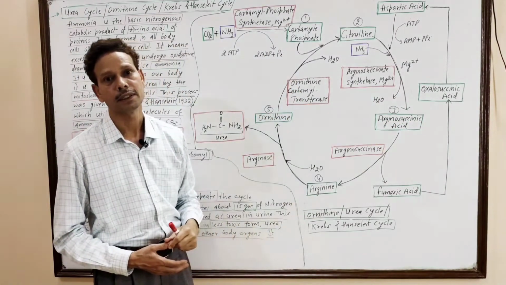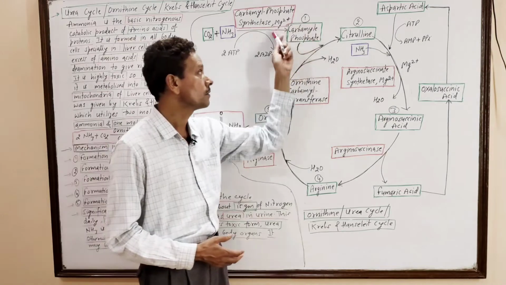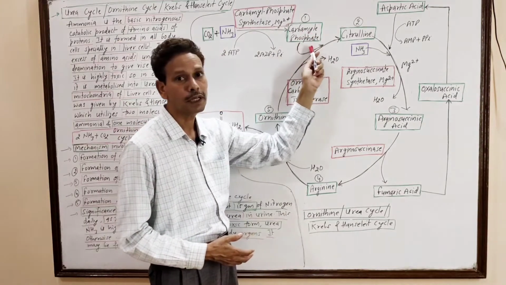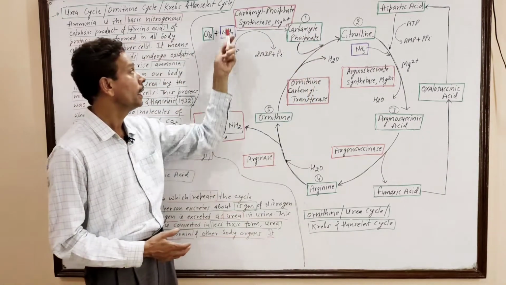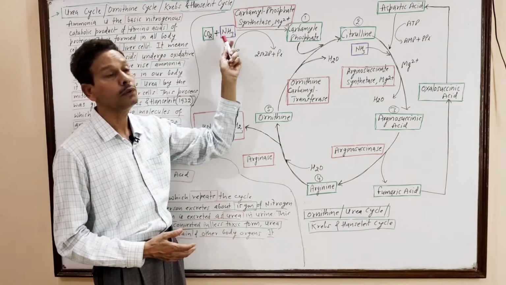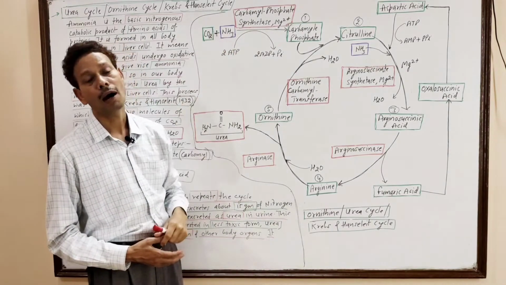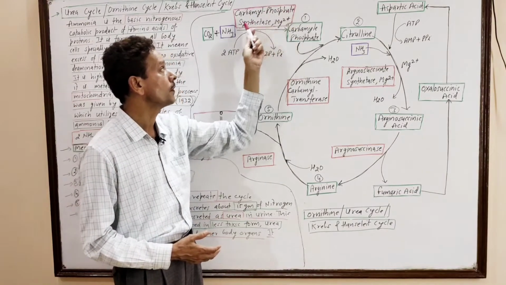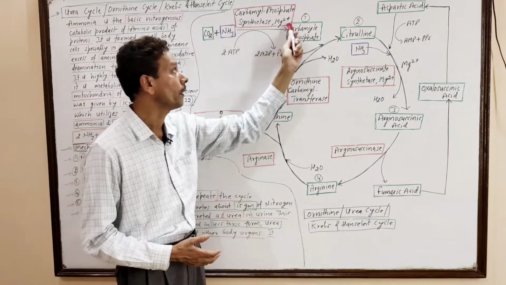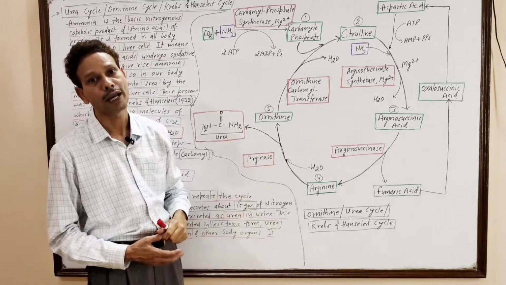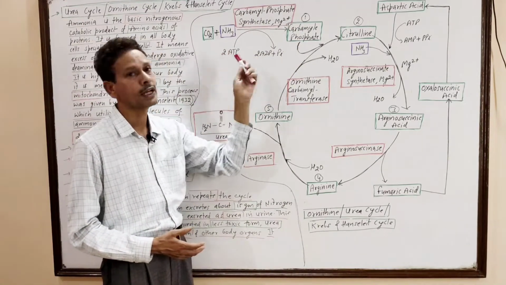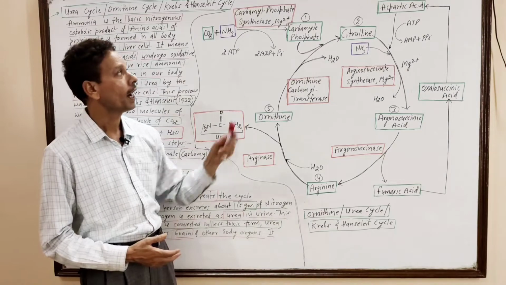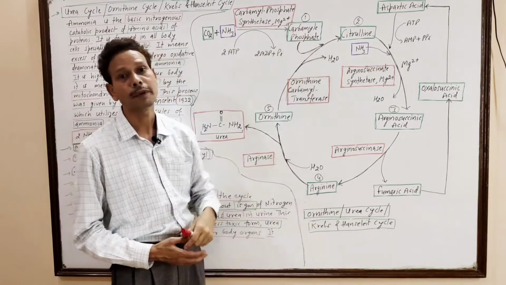Third step is formation of arginosuccinic acid. First step is formation of carbamyl phosphate that involves interaction of one CO2 with ammonia, in presence of the enzyme carbamyl phosphate synthetase and cofactor, that is Mg positive 2 ions. This step also requires 2 molecules of ATP, and it produces carbamyl phosphate.